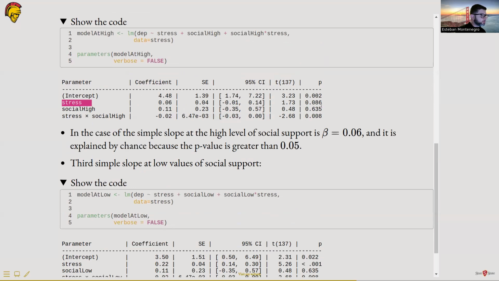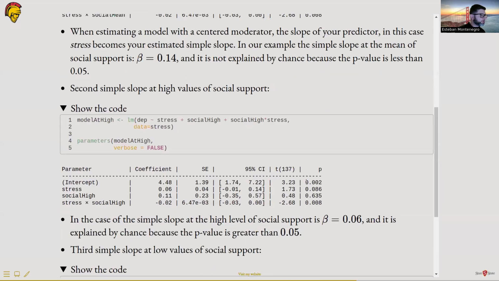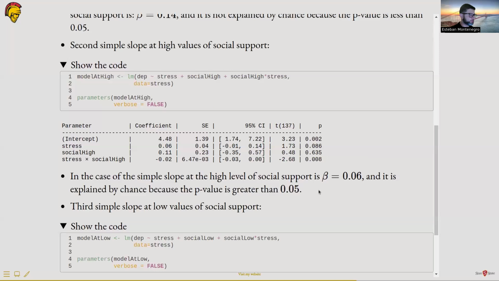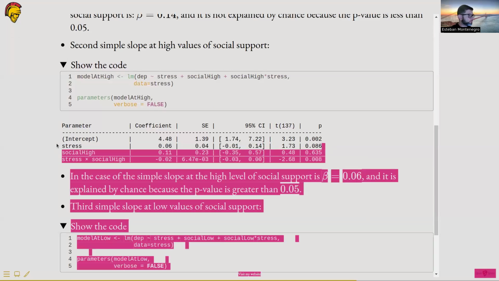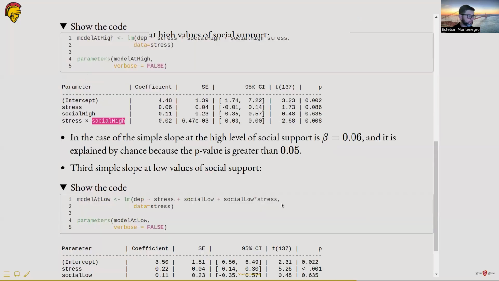And look at something that is happening here. The simple slope, that means the relationship between stress and depression, is actually explained by chance when people are high on social support, right? That's something very interesting.